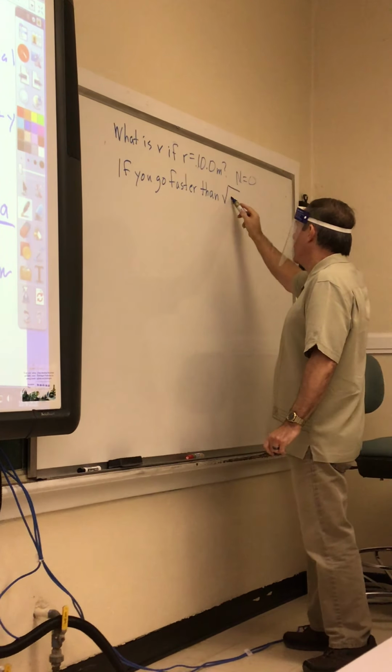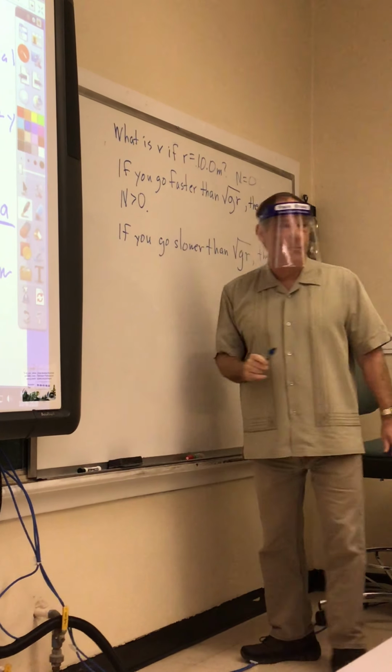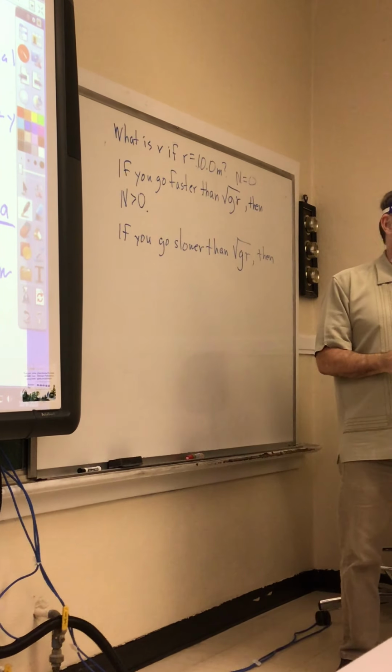Now, if you go slower than the square root of gr, then what happens? What's going to happen to you? Basically, N is going to be 0 before you reach the top.